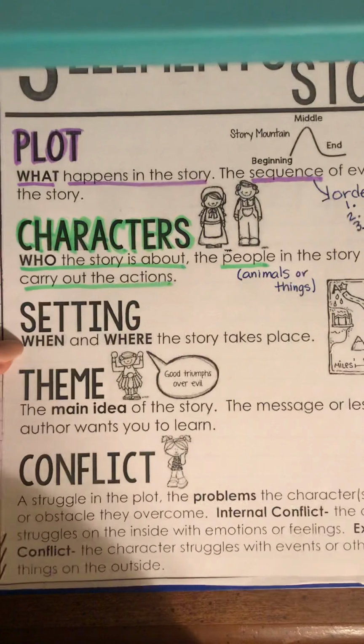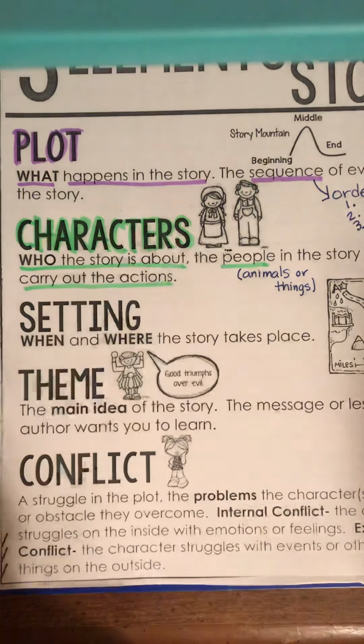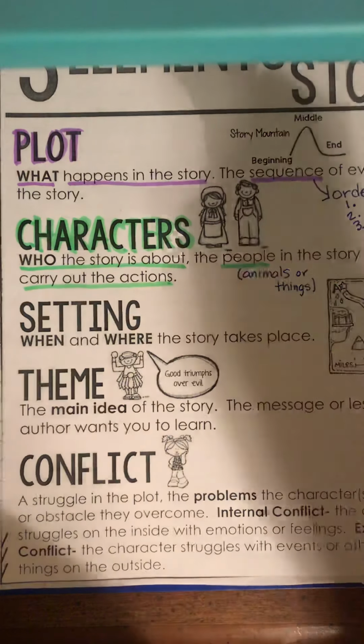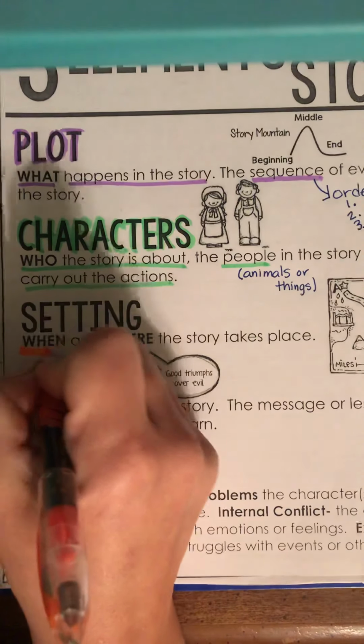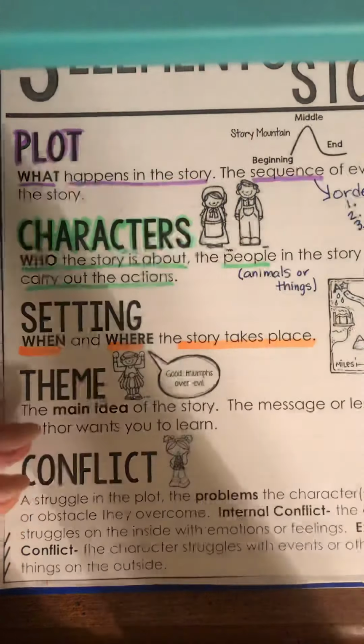Setting is our next element of the story. Setting is the where and when a story takes place. The where and when the story takes place. So over here we've got ourselves a little map, and I would say that the setting of this would be possibly in the mountains.